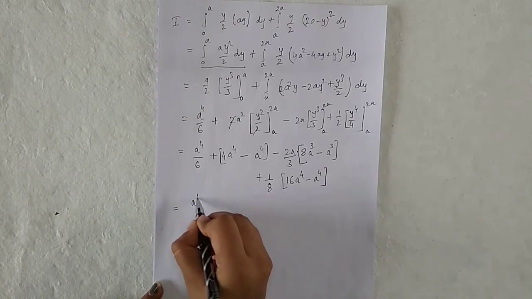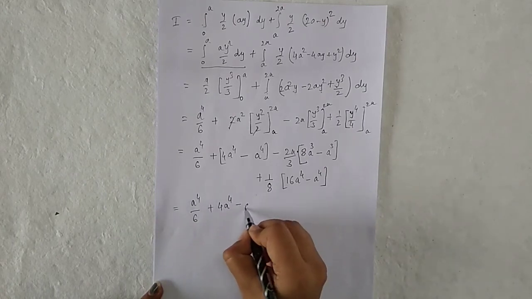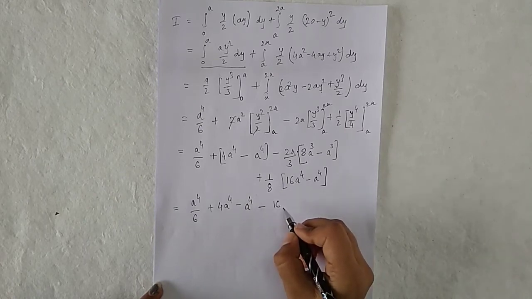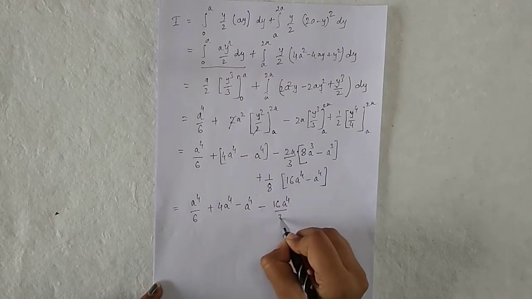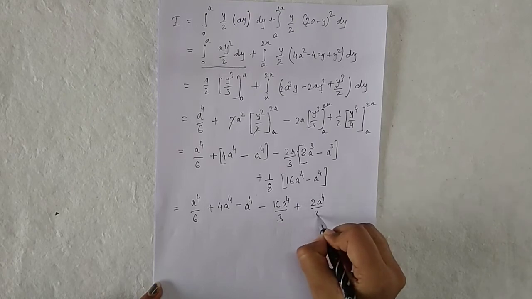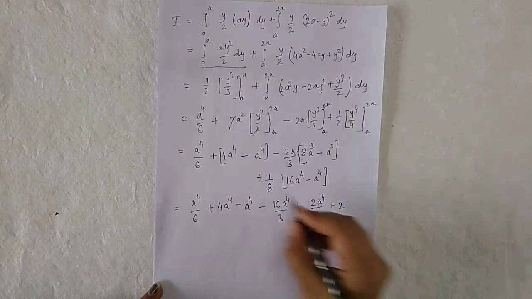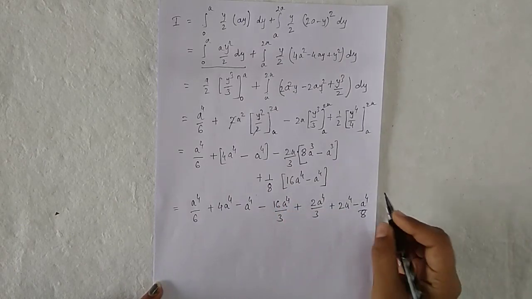Simplifying this: a raised to 4 by 6 plus 4a raised to 4 minus a raised to 4 minus 16a raised to 4 by 3, minus minus plus 2a raised to 4 by 3, plus 2a raised to 4 minus a raised to 4 by 8.